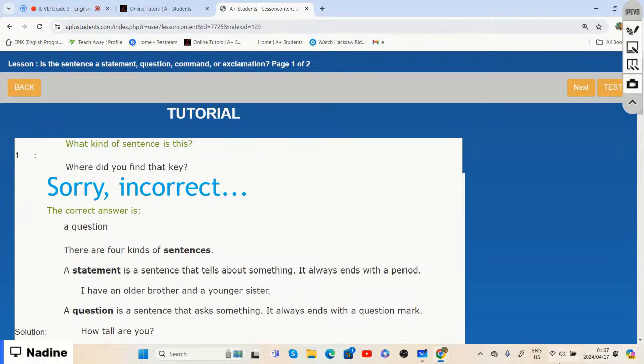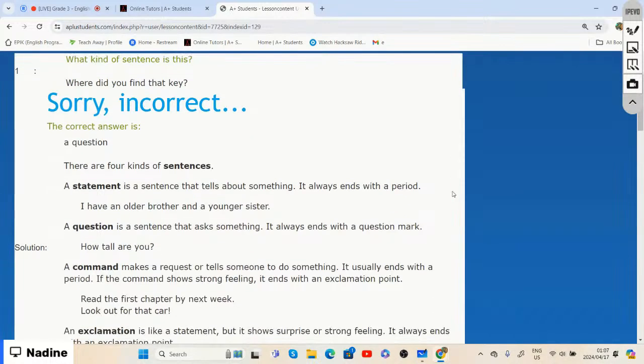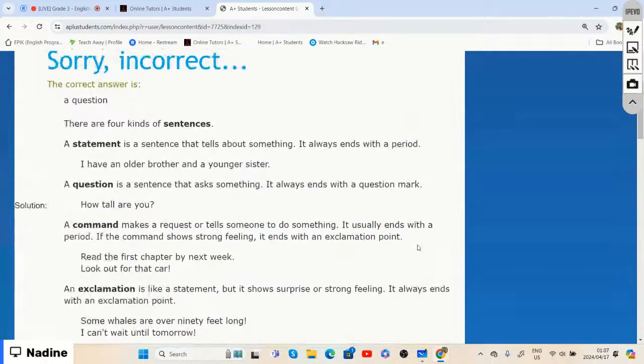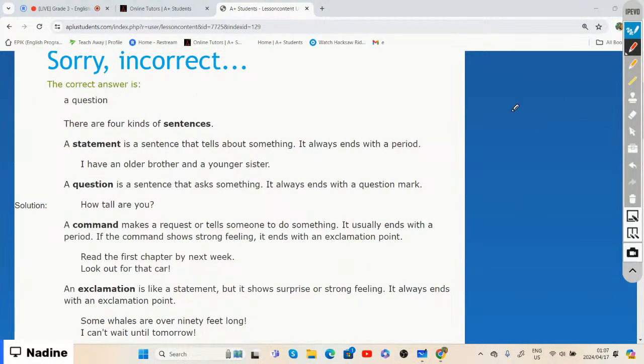There are four kinds of sentences. We have a statement, a question, a command, and an exclamation. So four kinds of sentences.